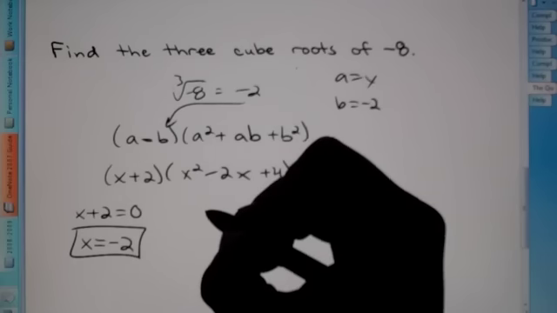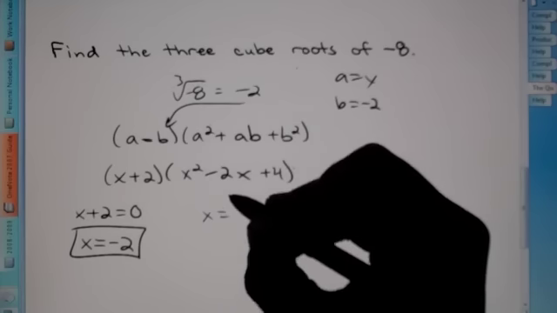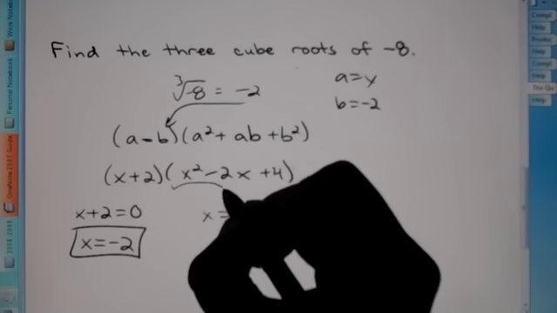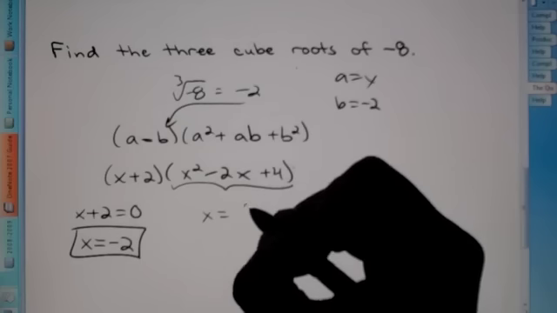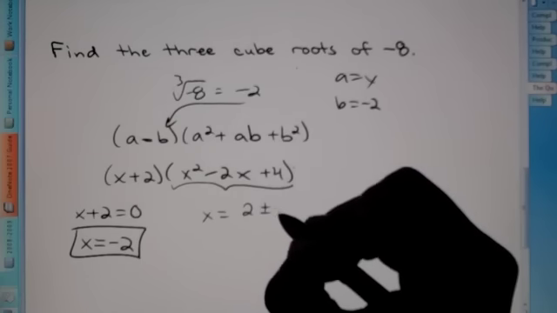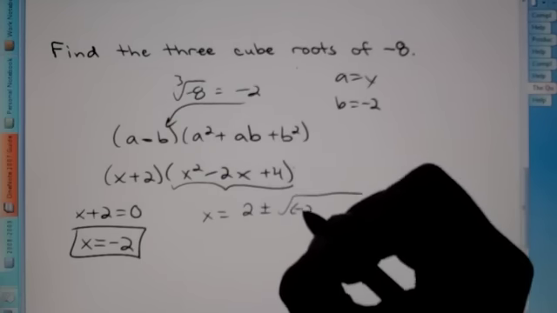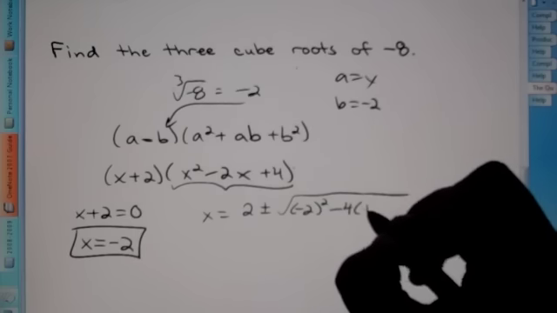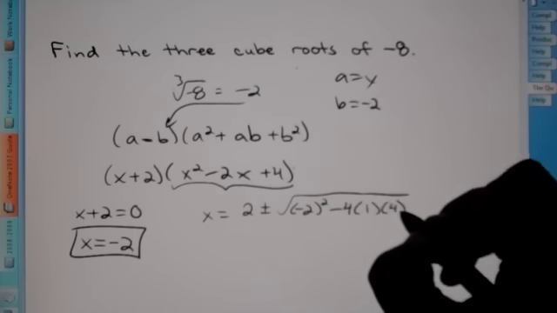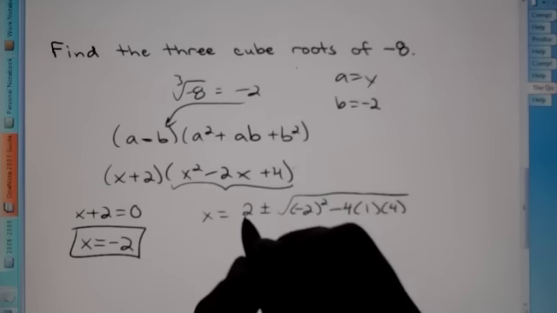So, we do x equals negative b. So again, we're only dealing with this right now. Well, b is negative 2, so it's going to be positive 2 plus or minus negative 2 squared minus 4 times a times c, 1, 4.